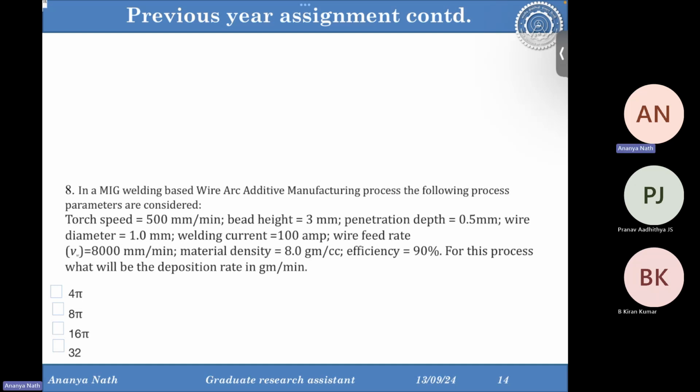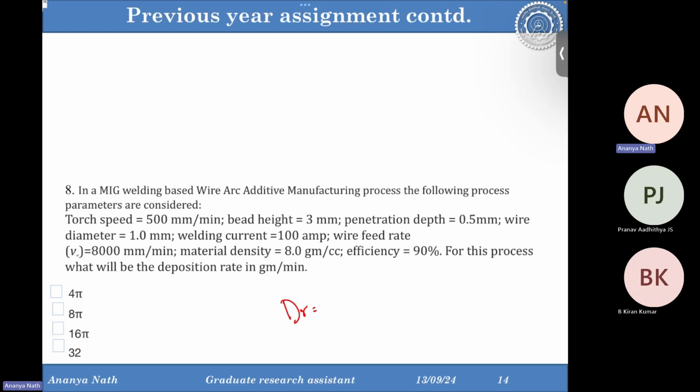Bead height is 3 mm. Penetration depth, wire diameter, welding current, wire feed rate, material density. What will be the deposition rate?